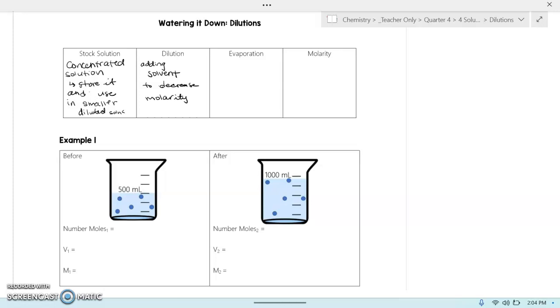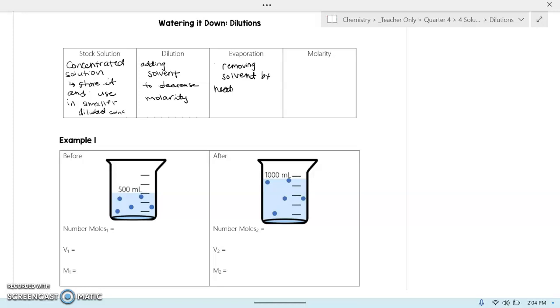Now, if you were to evaporate water, which is the opposite of dilution, so we would be removing solvent, but again, the amount or the moles does not change, then our molarity will increase. Now, how do you remove the solvent? Well, you can heat it or you can leave it out to evaporate on its own.